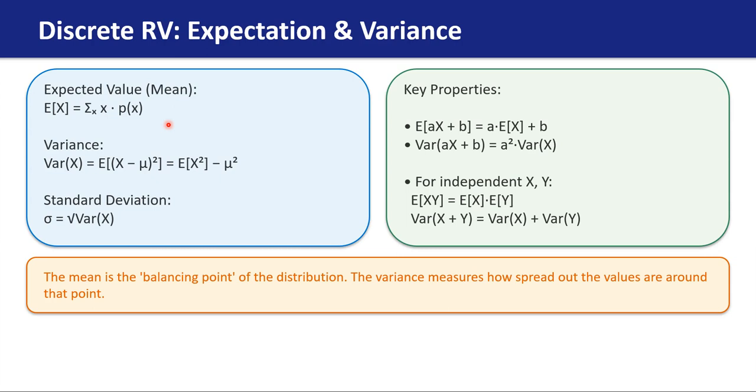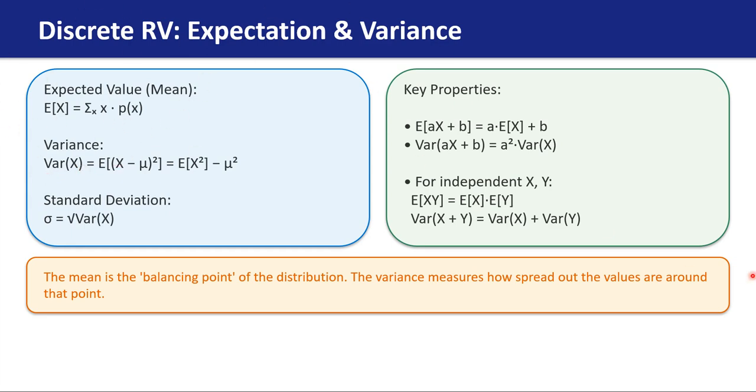Also, the variance measures how spread out the values are. And this is the variance. The average is the balancing point of the distribution, and the variance can be interpreted as the spread of a random variable.